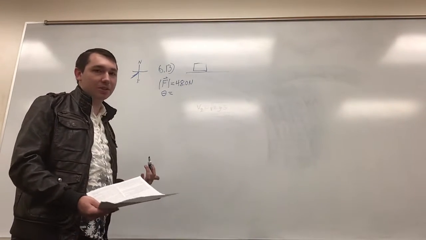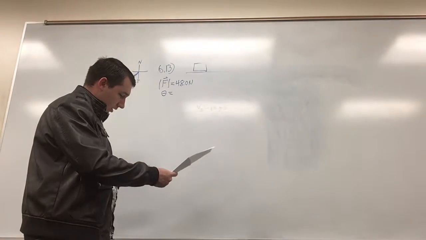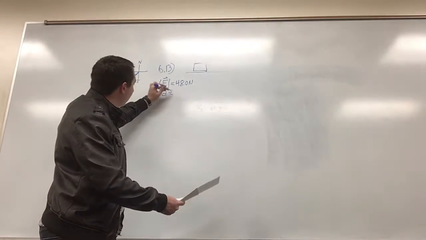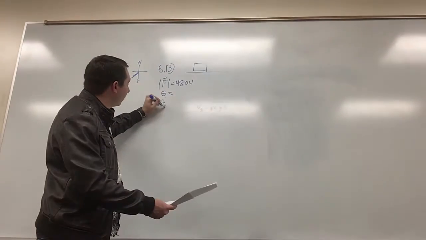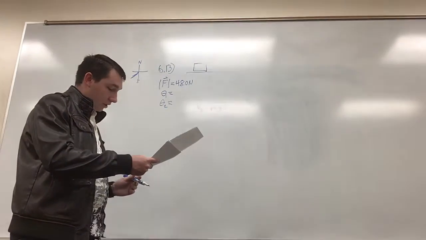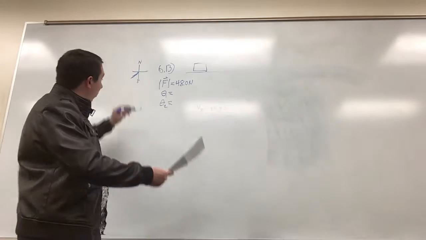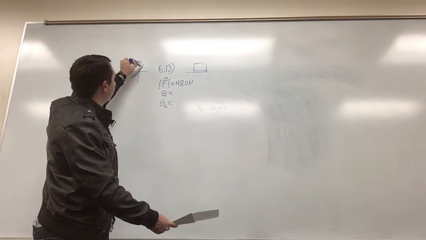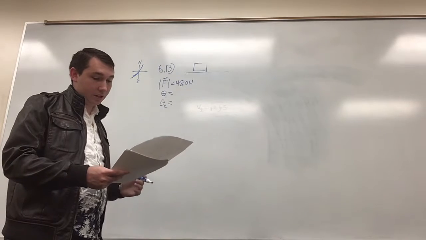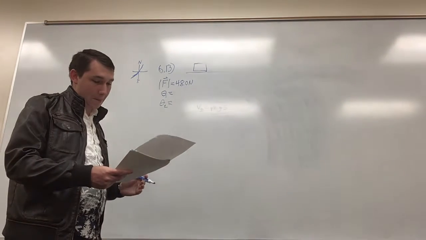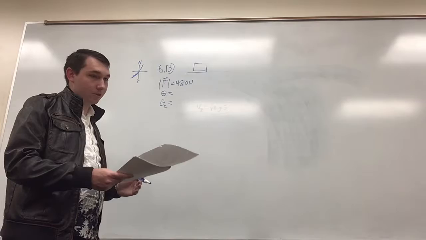But that doesn't really help us because we've got another angle. So theta 1 is going to be that angle, and then we have theta 2, which is 21 meters north of east. And what we really want is the angle in between those two.